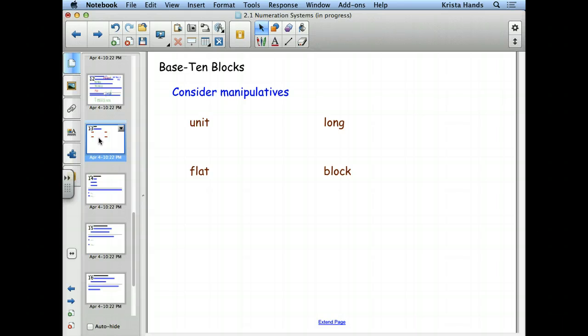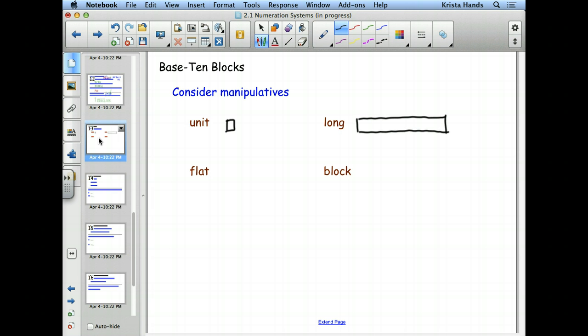Base 10 blocks have blocks that represent our base 10 value system. So they first have one of them that's called a unit, so it looks like a small square. Okay? And then they have a long, and a long actually looks like 10 of those units put together. And I'm not going to draw all the 10 units in there, but there are 10 of these side by side. Okay, so this one has a value of 1.